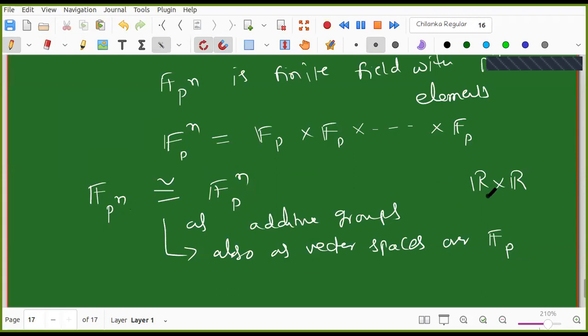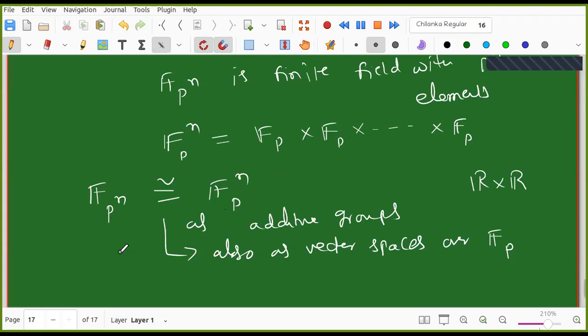Like that, since this is isomorphic to this, I can bring multiplication here and it becomes a field. Is it not beautiful? Then what is the advantage? I can think of elements in F_{p^n} also as ordered n-tuples. So there are various ways.